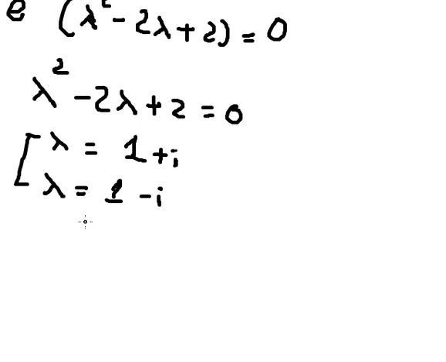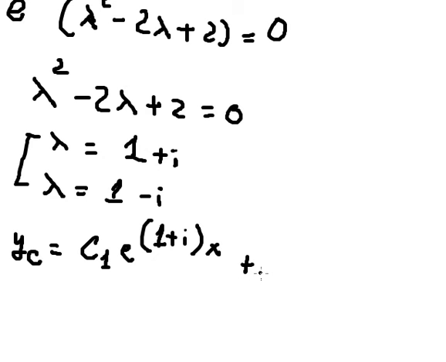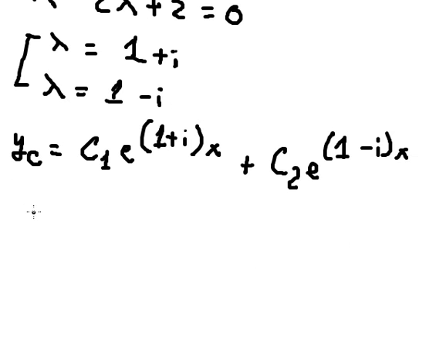So we have yc, and we have c1 e to the power of lambda s, so we transform into this one, and we have c2 e to the power of 1 minus i of s. So we can put it like this.